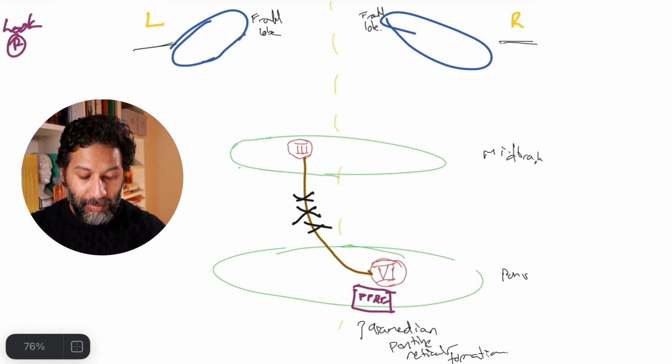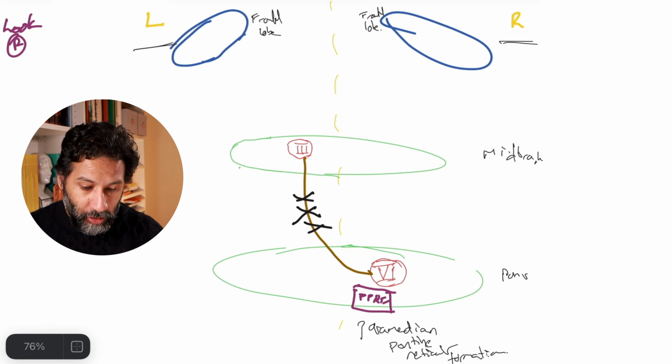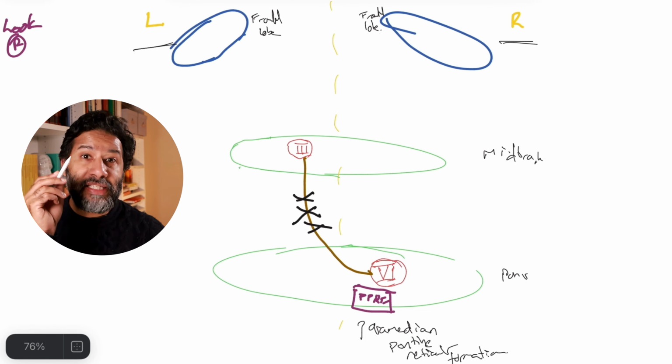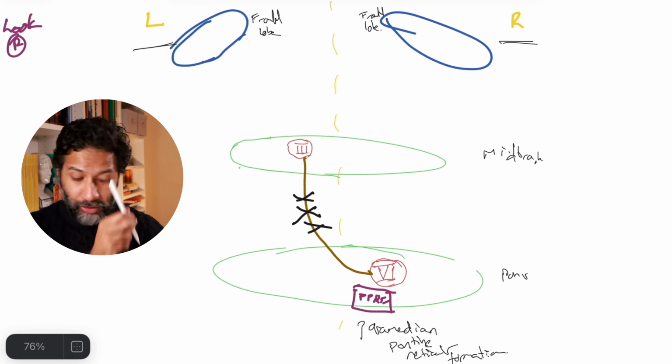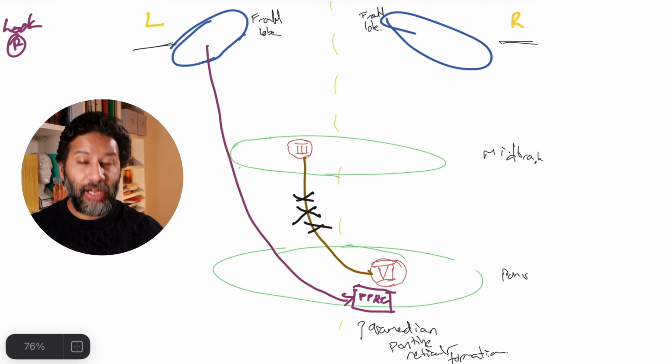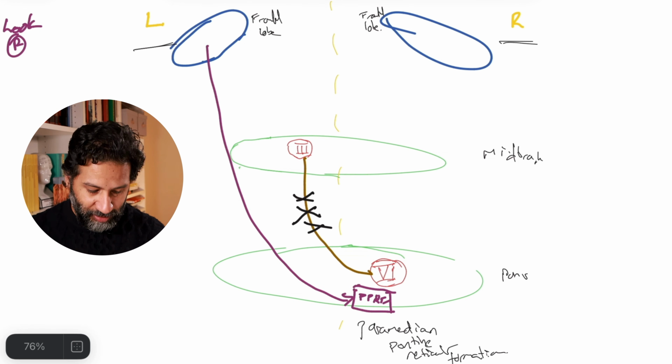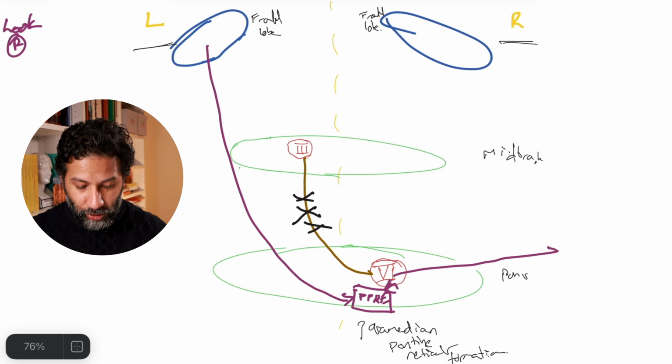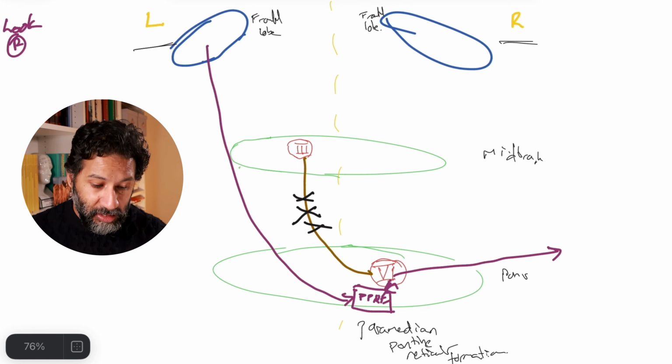Nothing is going to be able to get through that pathway. So let's look right one more time. So we want to look right. The signal comes from the left frontal lobe. It travels down to the paramedian pontine reticular formation. Remember that? It goes to the sixth nerve. Great. The sixth nerve sends its signal out through the sixth cranial nerve to the right eye.